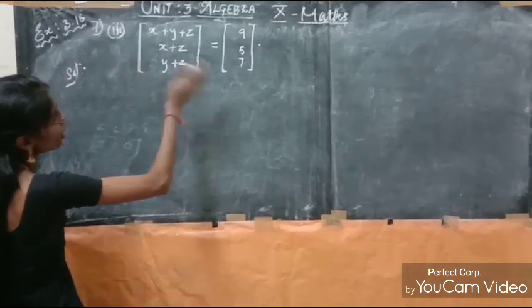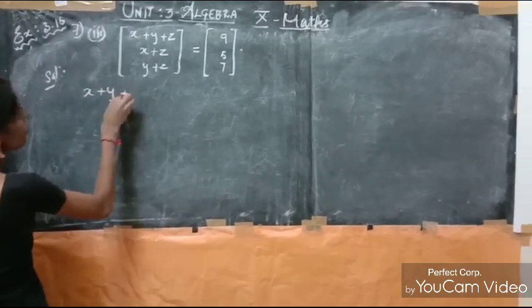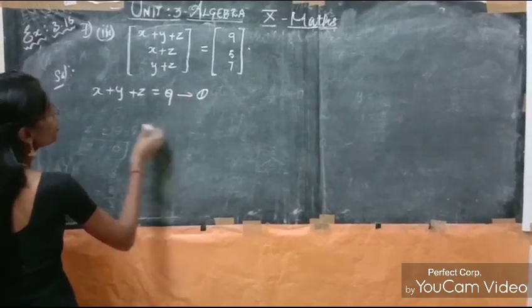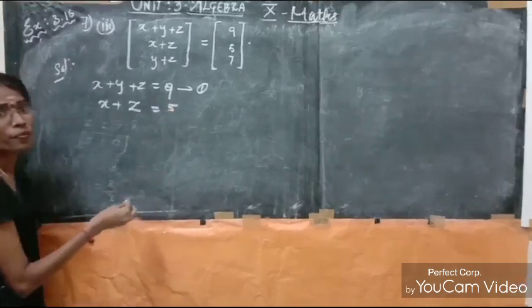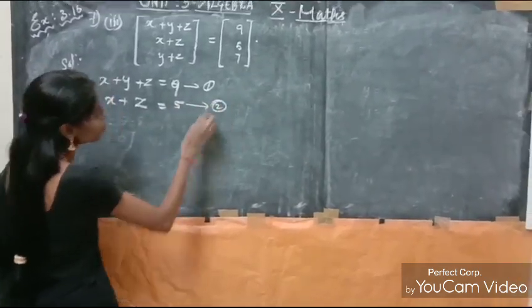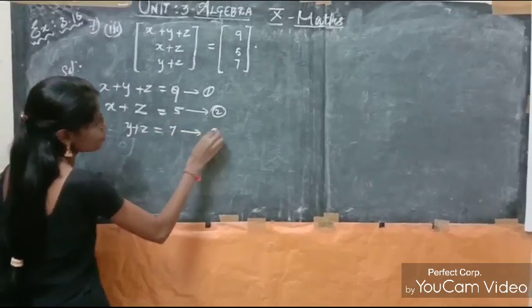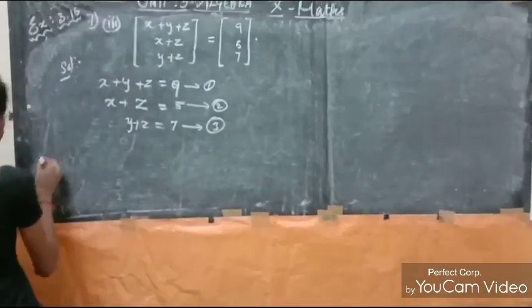Equating the corresponding elements. X plus y plus z is equal to 9. This is the first equation. X plus z is equal to 5. This is the second equation. Y plus z is equal to 7. Third equation. Subtract 1 and 2.